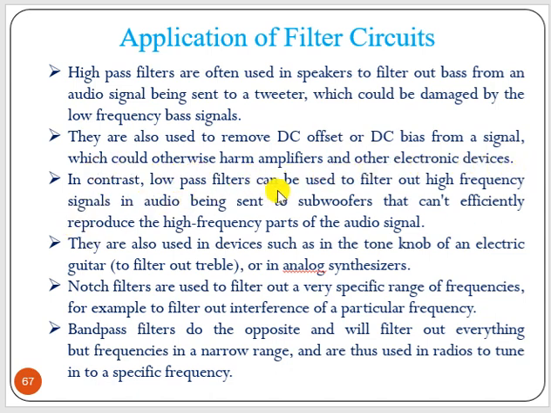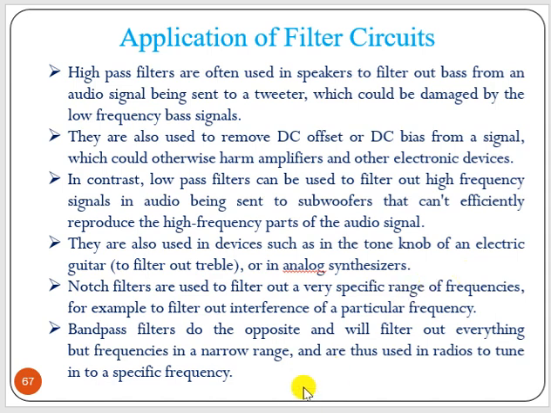In contrast, low pass filters can be used to filter out high frequency signals in audio being sent to subwoofers that can efficiently reproduce the low frequency parts of the audio signal. They are also used in devices such as the tone knob of an electric guitar to filter out treble, or in an analog synthesizer.